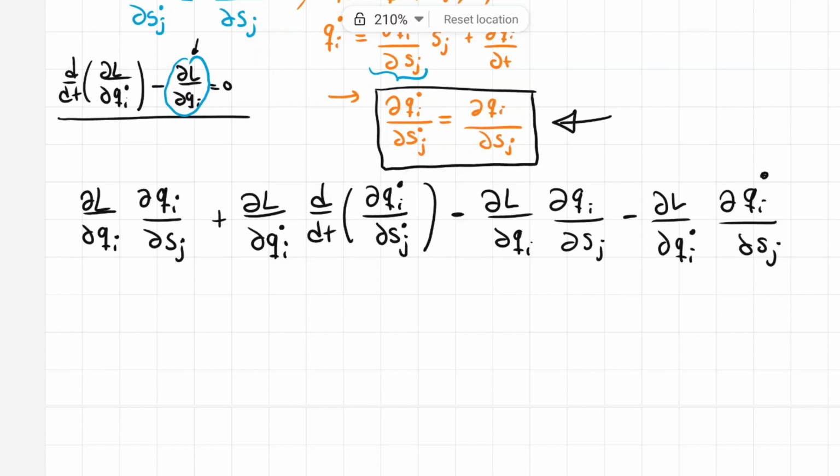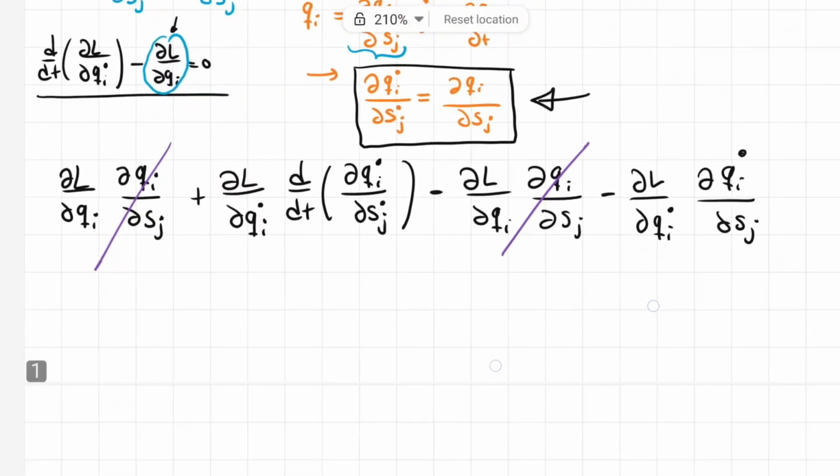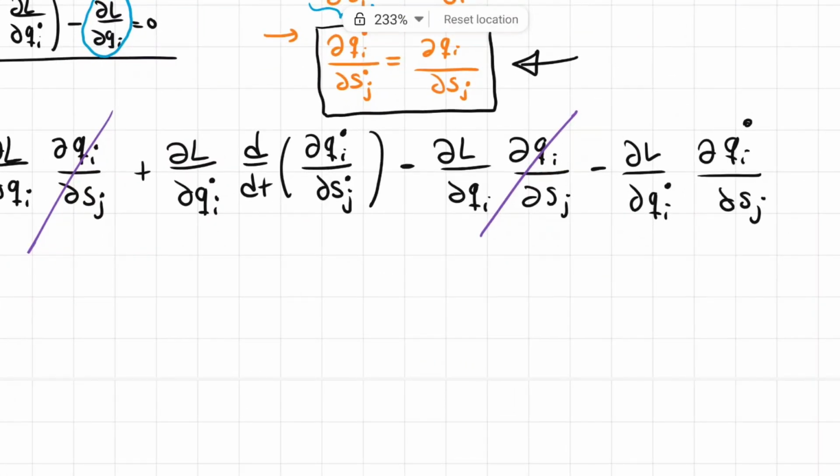So from here we can see easily that this element is going to cancel this element over here.